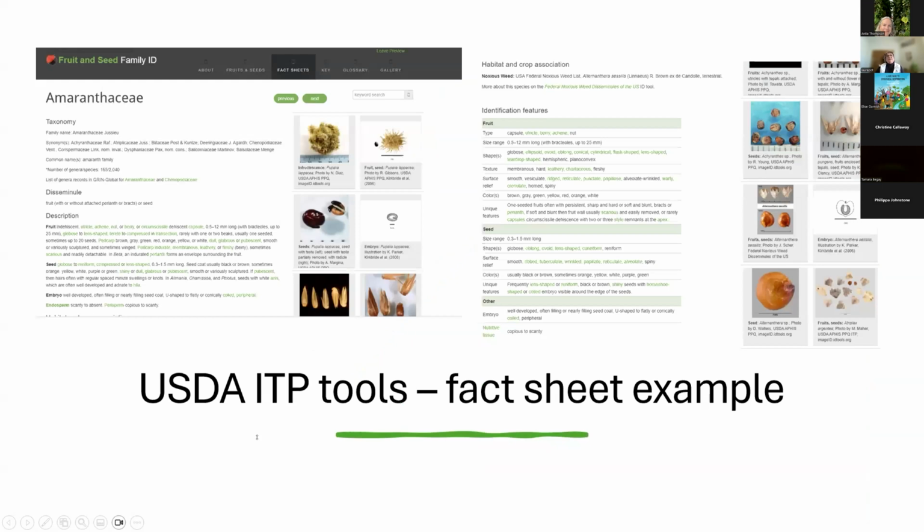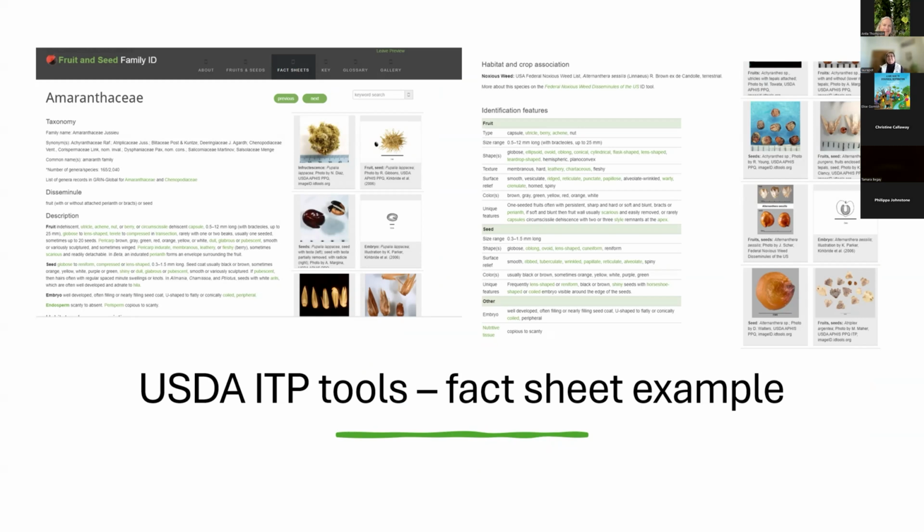Now, there's more than one virtual seed herbaria out there. So seedimages.com is the one that I'm partial to because it was developed by Colorado State University, but there are others out there. And this one is from USDA. It's part of their ITP tools. And there's a lot of work going on behind the scenes to actually begin to take the information that we have in seedimages.com and to move it into the USDA platform. Our seedimages.com is behind a paywall, and so the USDA information is free.